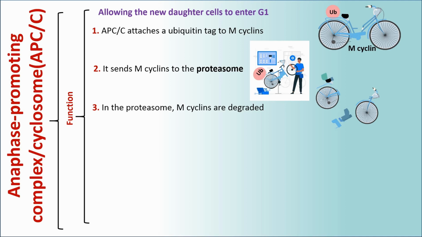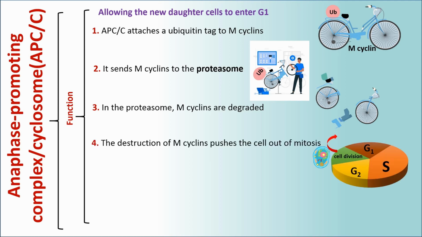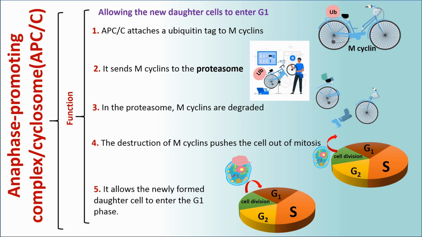In the proteasome, M cyclins are degraded. Step 4. The destruction of M cyclins pushes the cell out of mitosis. And step 5. It allows the newly formed daughter cell to enter the G1 phase.